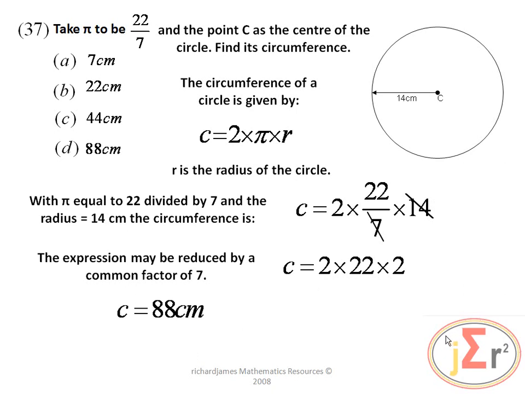C is equal to 88 centimeters. The answer is option D. See, 2 multiplied by 22 is 44, and then 44 multiplied by 2 is 88. The correct answer is D.